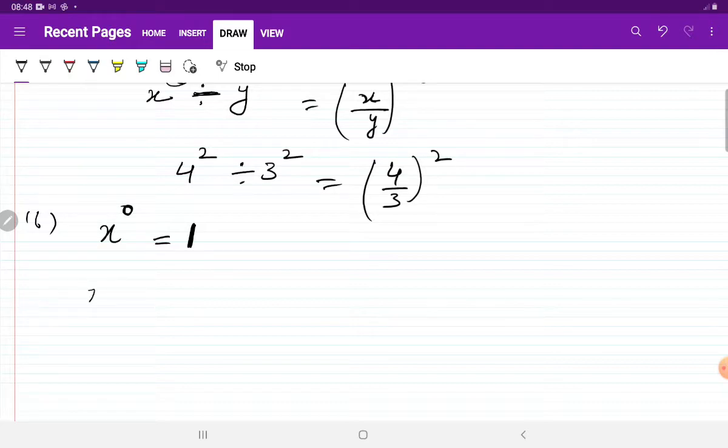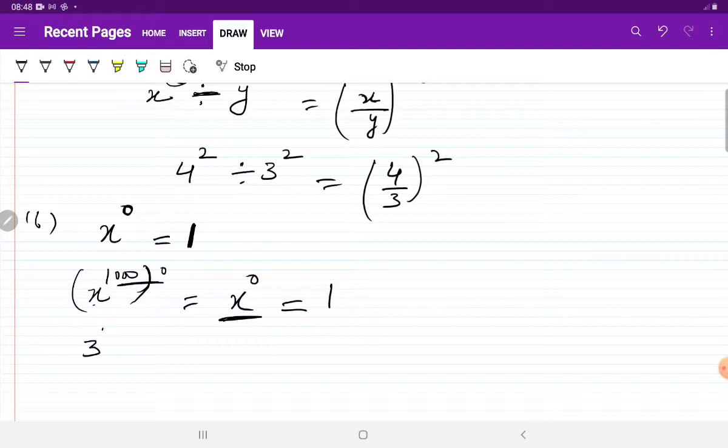Like I have x raised to power 1000, but again its power is 0. Here I am applying two laws, number with exponent of exponent. But here what did I get? 1000 into 0 is what? 0. Then what is x raised to power 0? 1. Got it?